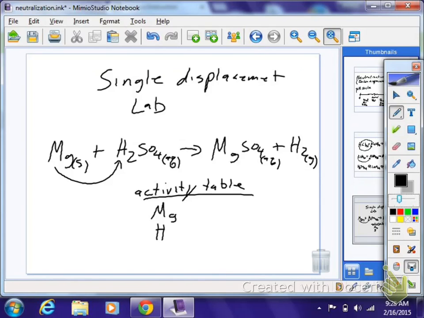So definitely silver is not going to be at the top of your list. It's always replaced. So think of that when you do it. If it's replaced, it's lower on the list than that element that it's pairing up with. Hopefully that'll allow you to do your list, and I gave you some really good hints. So it shouldn't be that tough to put them in order based upon your results.